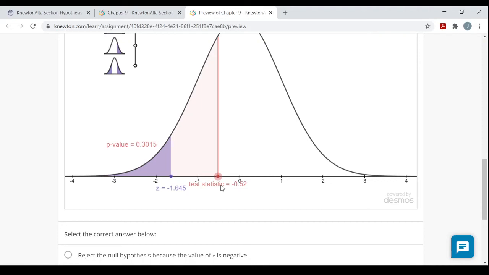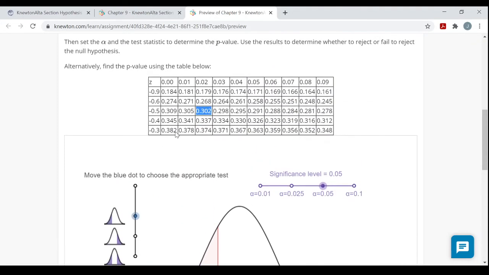Right. And look at the p-value. Again, for this left-tailed test, this p-value they're throwing up here is just the area to the left under the curve, the area to the left of our test statistic. And you saw on my calculator earlier, I have 0.3015, 0.302, right, up here.